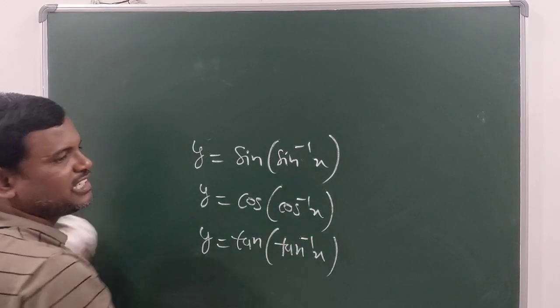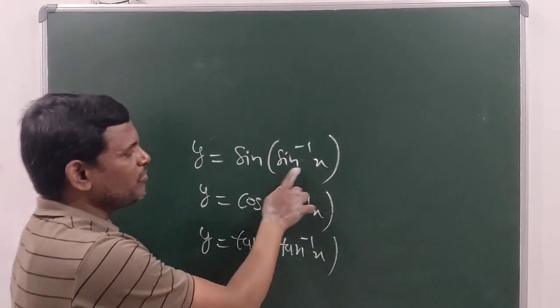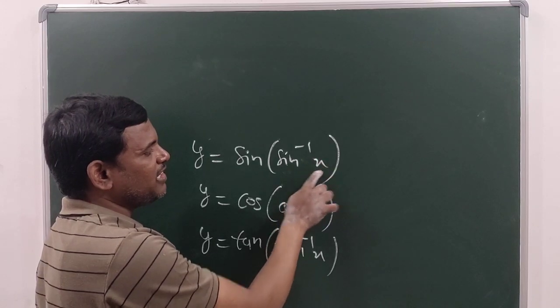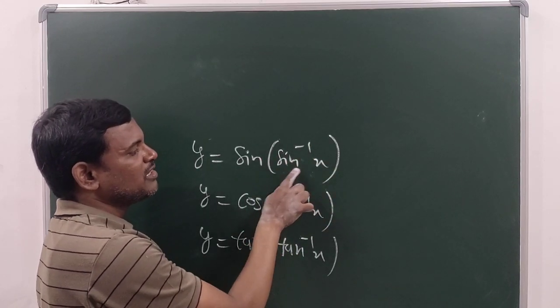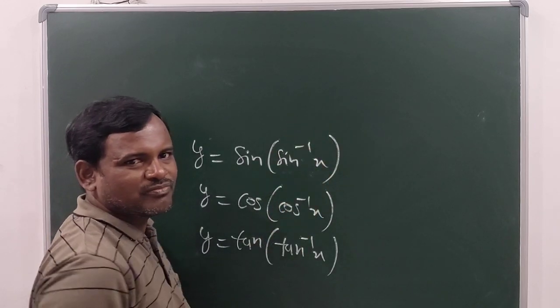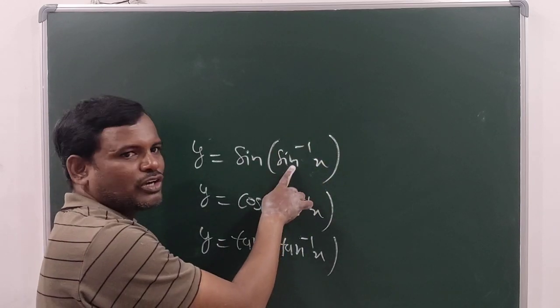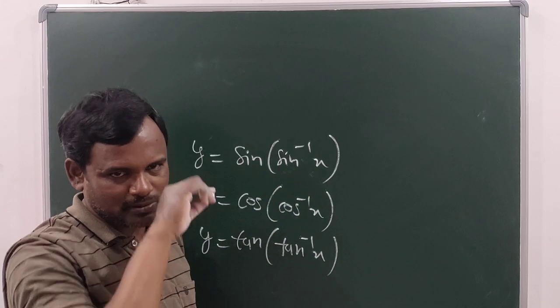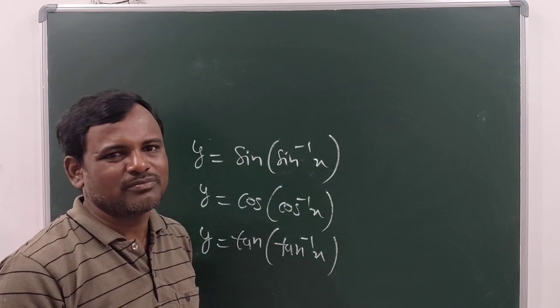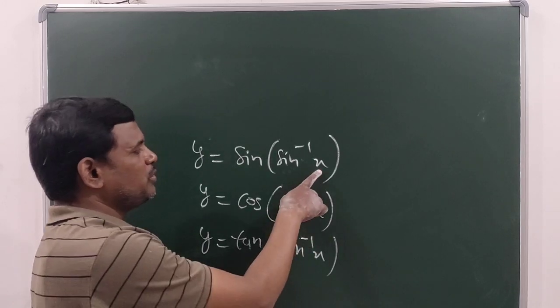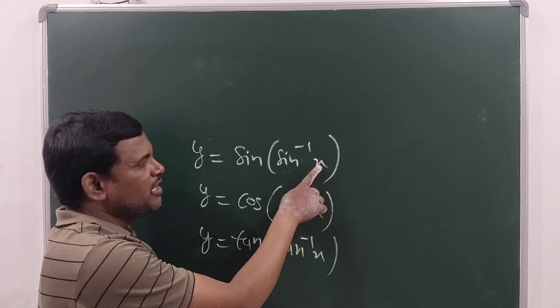Now the inverse is given inside. So sin inverse of x, whichever real value you assign here, what will its range be? Here you know the domain of sin inverse of x. The domain of sin inverse of x is -1 to 1. Am I right, students?